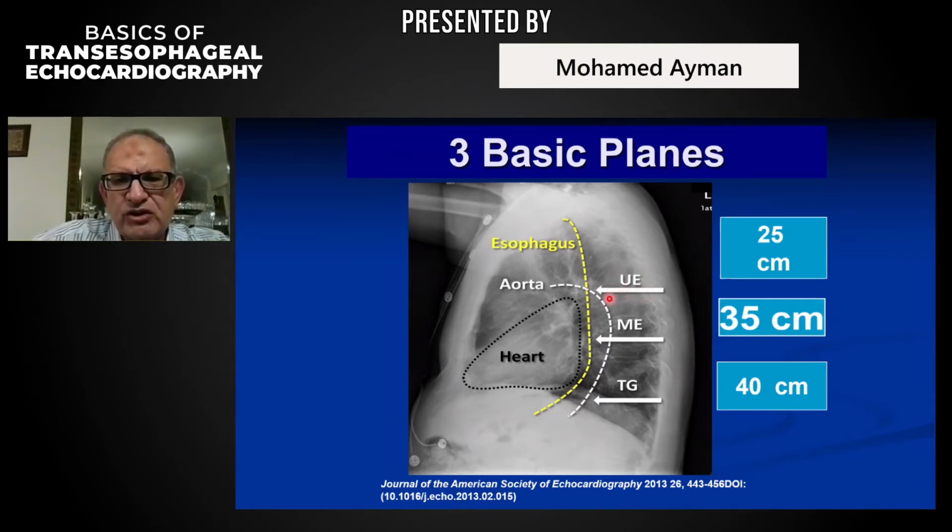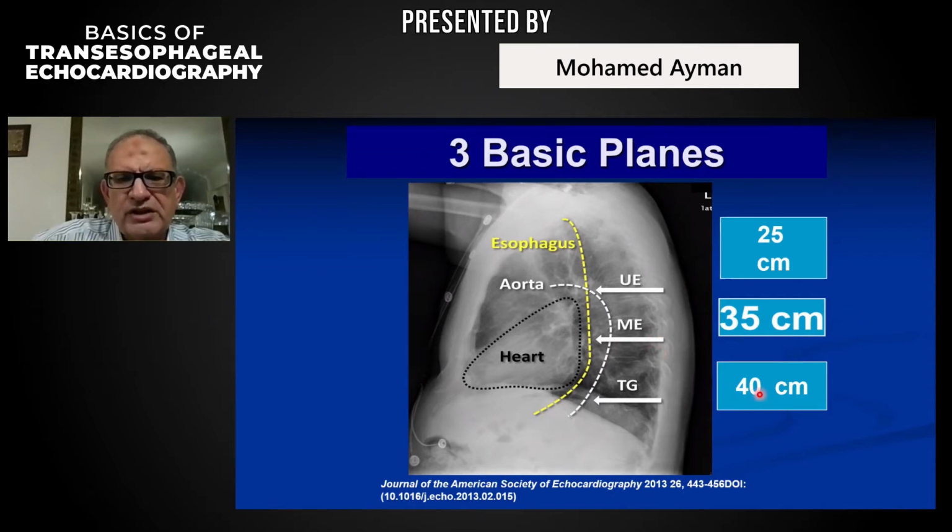Here you can catch the arch of the aorta in your view. If you go deeper to 35 centimeters, you are in the mid-esophagus, opposing the left atrium and the mitral valve and the aortic valve in the middle. And this is the most common position we use to evaluate.